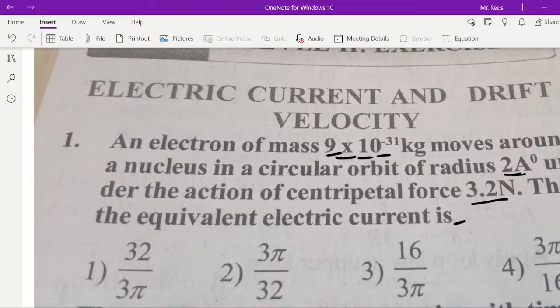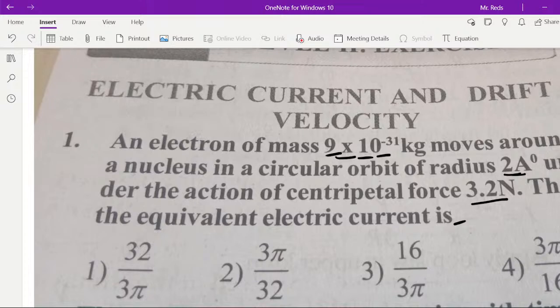Just a few seconds. Few more seconds. Still it is not loading. Okay, now it's coming fine.